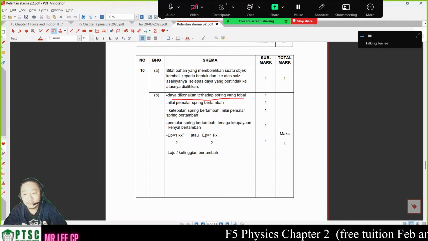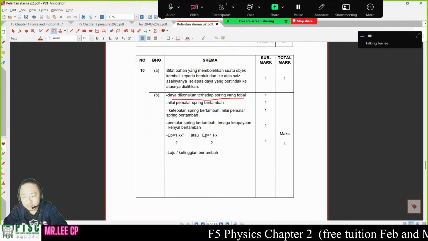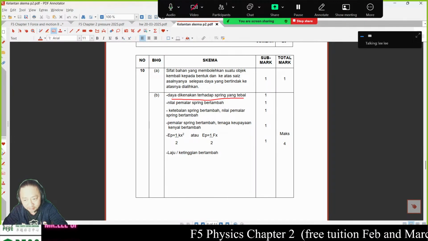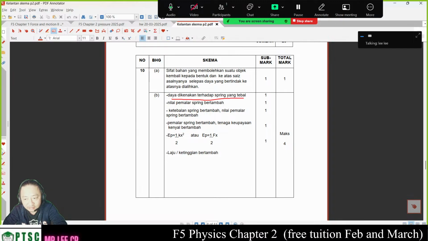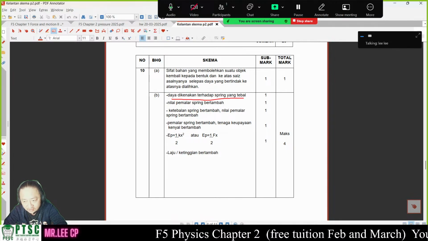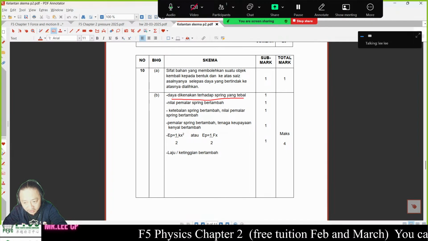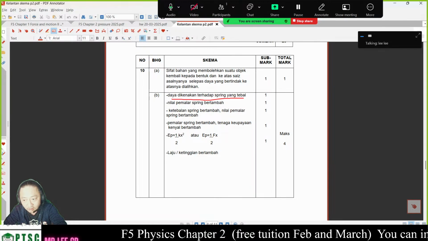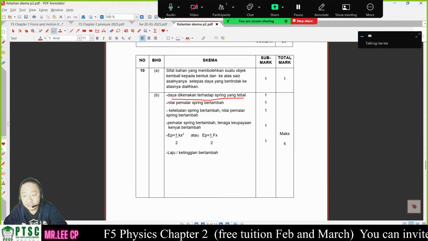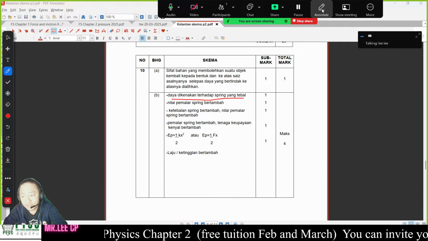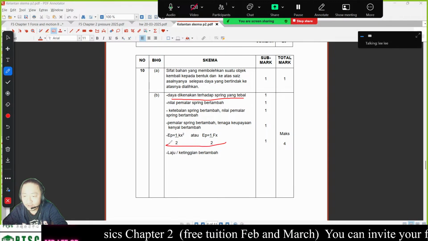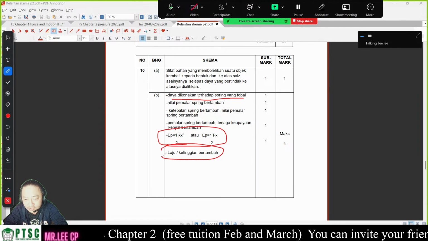Now, pemalar spring bertambah, daya keupayaan bertambah. So EP is half kx squared, or elastic potential energy is half kx squared, or EP is half Fx. Laju dan tinggi bertambah. So, I don't have all. I got this one and this one only. I got 2 marks only.